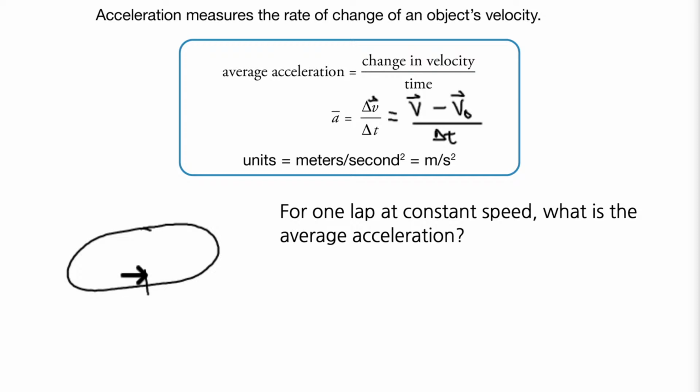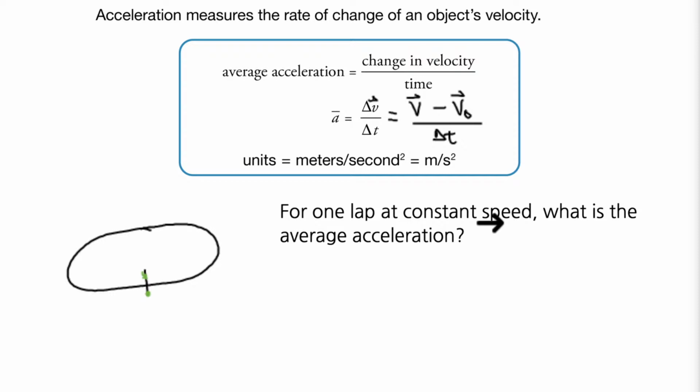So the initial and the final velocities are the velocity that we would have started with right here, and then the velocity we would have when we get back to that point. And let's be clear, those velocities in those instants would have the same magnitude because we're traveling at constant speed, right? In terms of the direction, the velocity points where we're going.